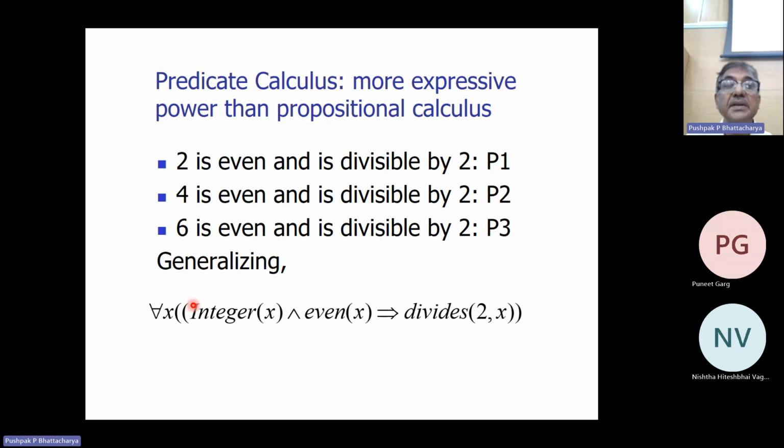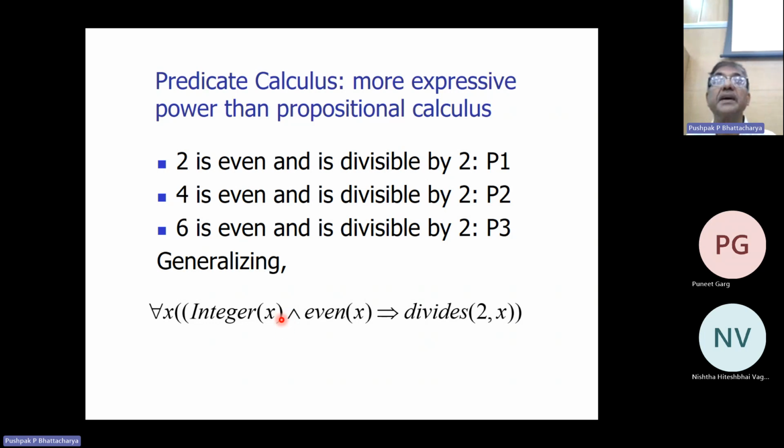But see predicate calculus, it makes it so simple and so concise. For all x, integer x and even x implies 2 divides x. Okay. So this one expression captures an infinite number of propositions.